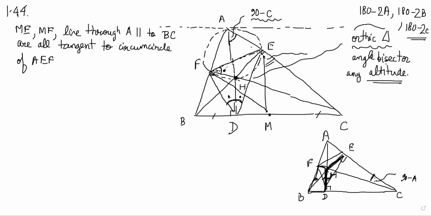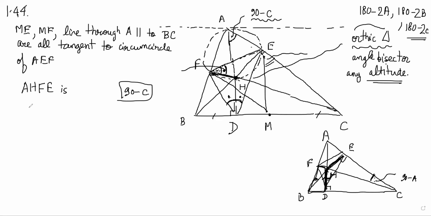So that means we have proved cyclic. You understand why it is 90 minus C? Because this is an altitude again, and this must be the angle bisector. So now we have 90 minus C here, 90 minus C here, which is obvious. And therefore we have AHFE cyclic.